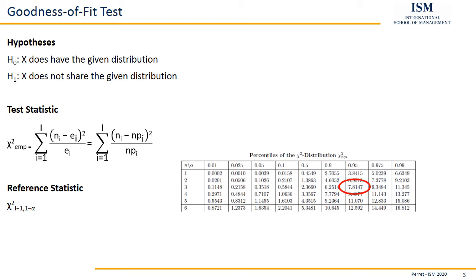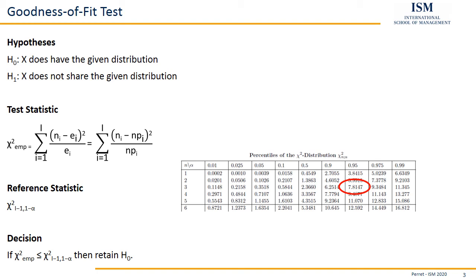So this would result in a reference statistic of 7.8147. And well, that's test statistic and reference statistic. So my decision simply is compare both of them. And again, as with all tests, if the test statistic is smaller than the reference statistic, I retain H0. If it's larger, I reject H0.